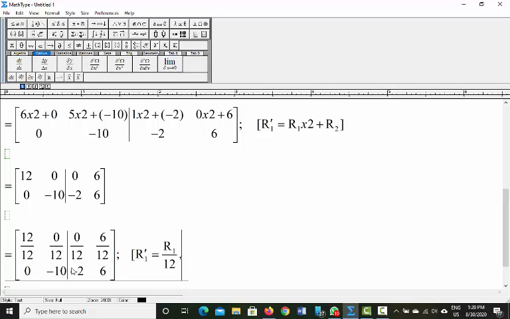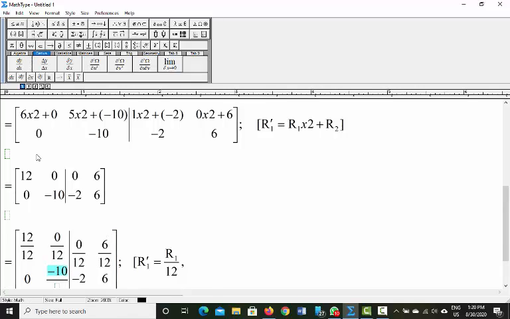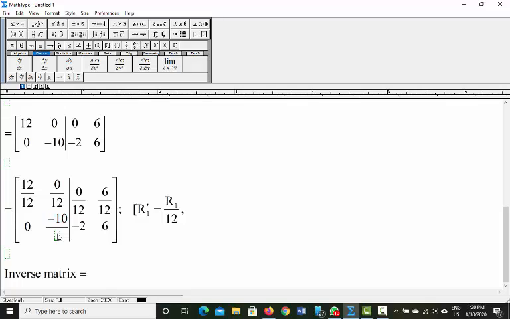Now we need to get a 1 here also. So similarly, we will divide it by minus 10. If you divide minus 10 by minus 10, you will get 1. Similarly, these elements also need to be divided by minus 10.